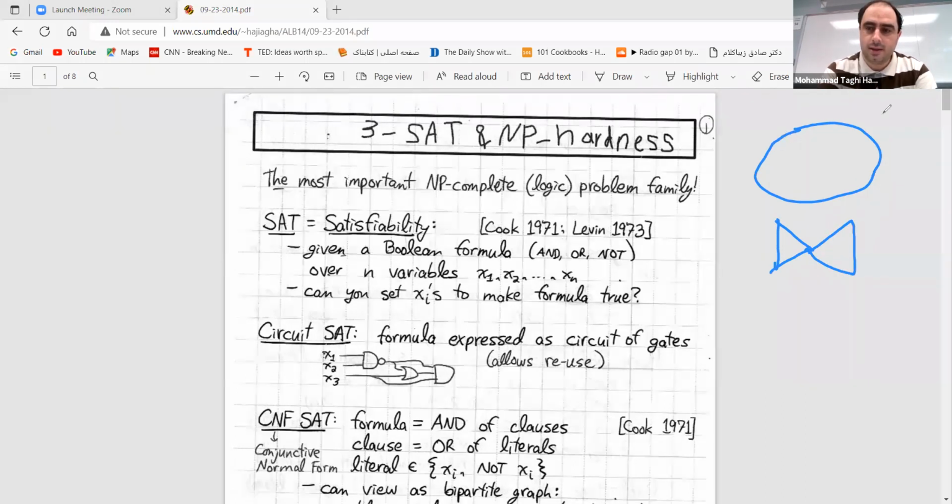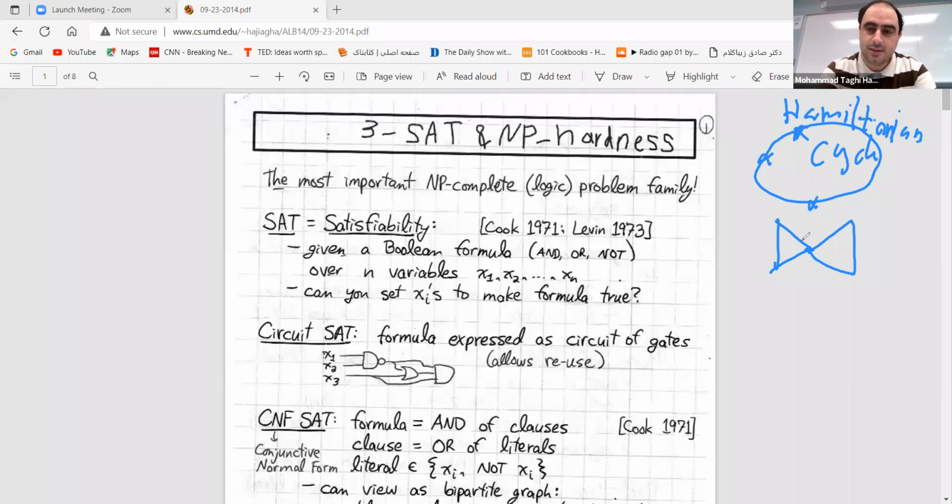So this is like a Hamiltonian cycle that goes through every vertex of the graph only one time.